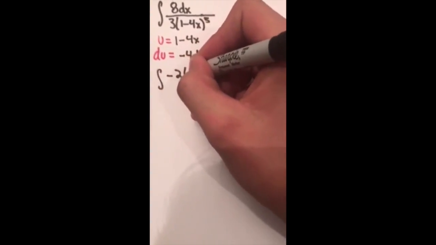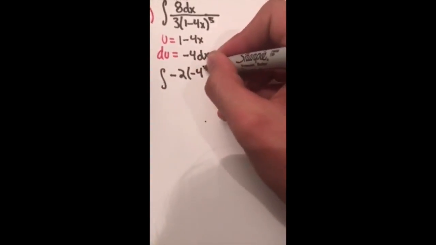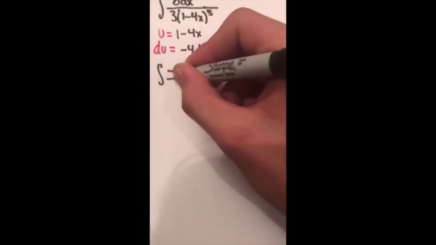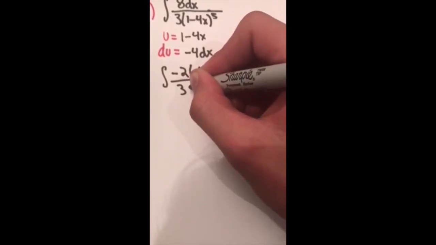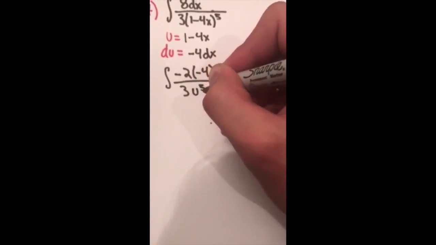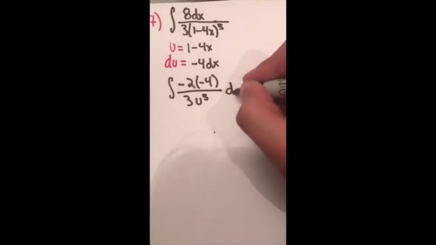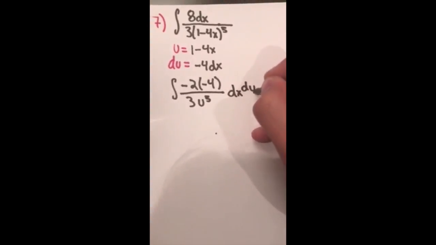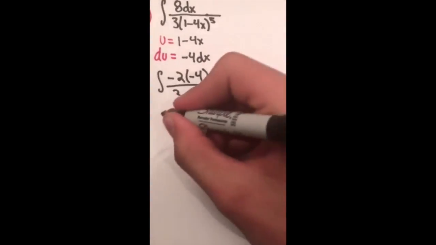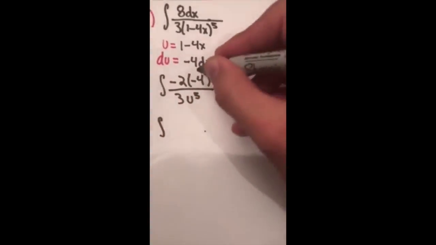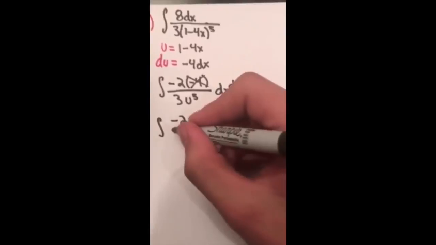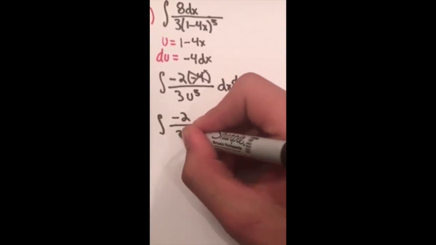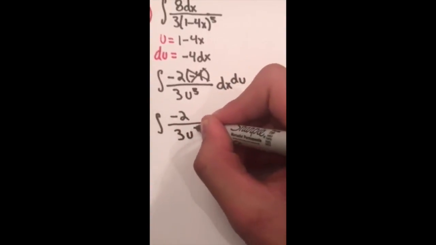Then place your problem into a du function. Leave only the -2 over 3u to the -5.